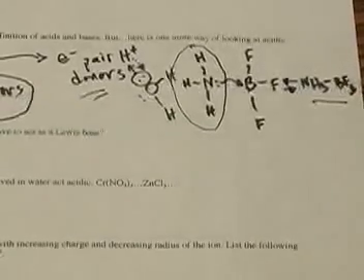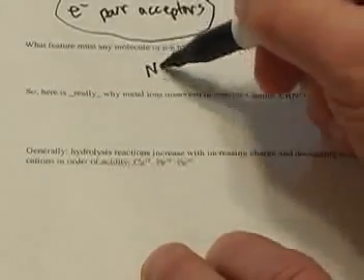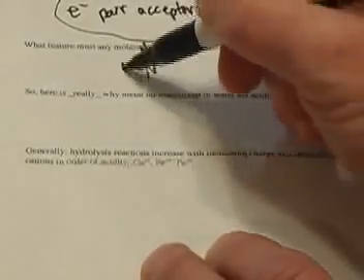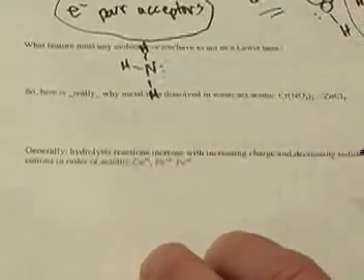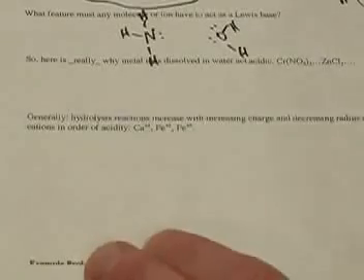This would be a Lewis acid-base reaction. What feature must any molecule or ion have to act as a Lewis base? Well, it's got to have that unshared pair of electrons, and we see that commonly on nitrogens and lots of times on oxygens, like in water or in ammonia. That's why they can act as Lewis bases, just like they can act as regular Bronsted-Lowry bases.